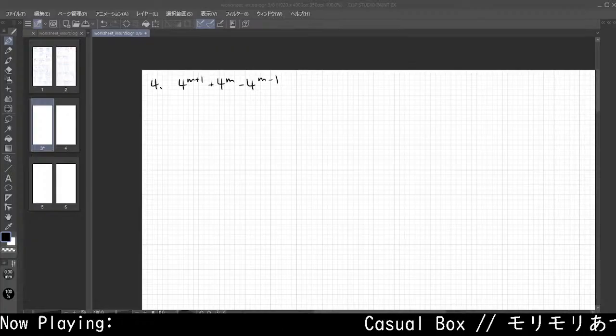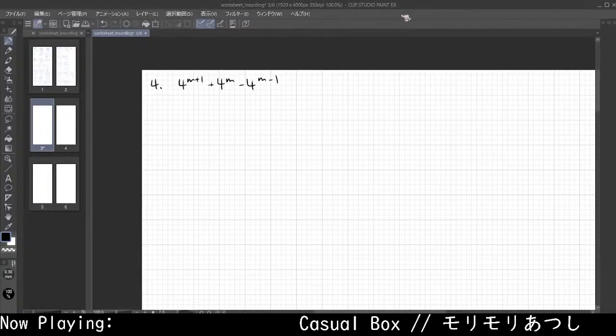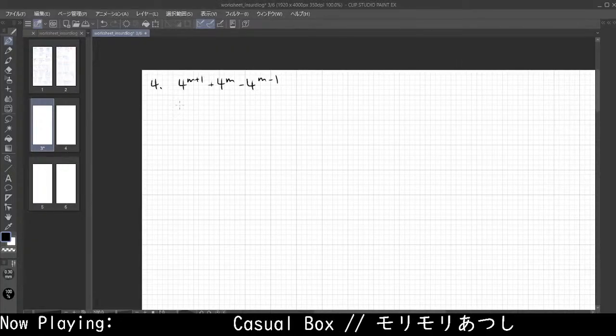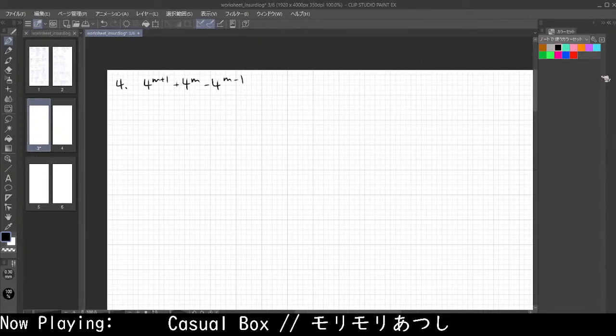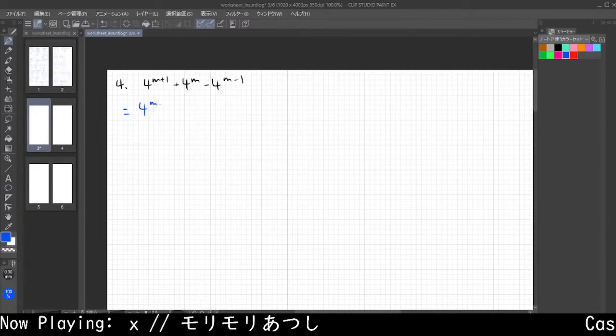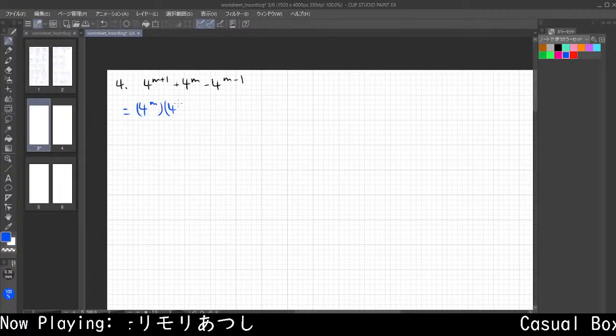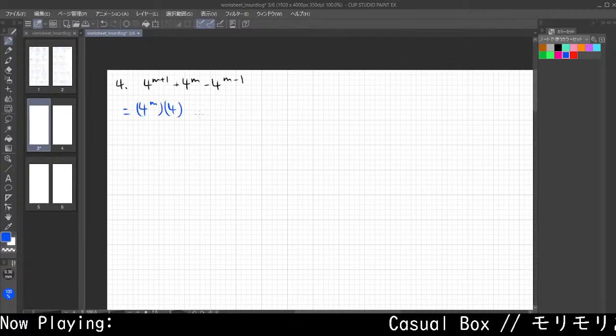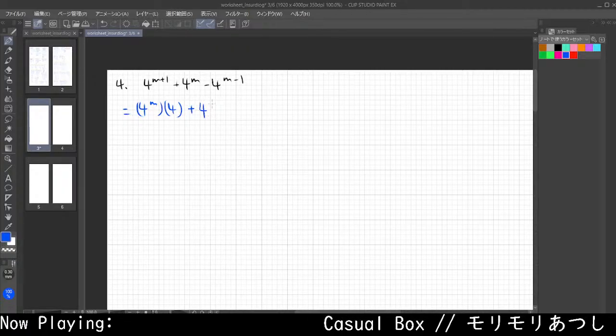So like you see, I have 4 to the m plus 1. I will split it into 4 to the m and 4. I split this into 4 to the m times 4 to the power of 1. For power of 1, I don't have to write it out, so this will just stay as it is. Second term is 4 to the m.